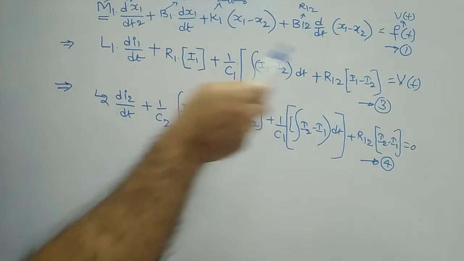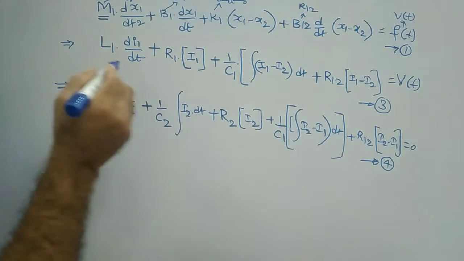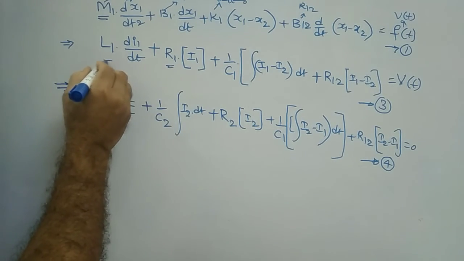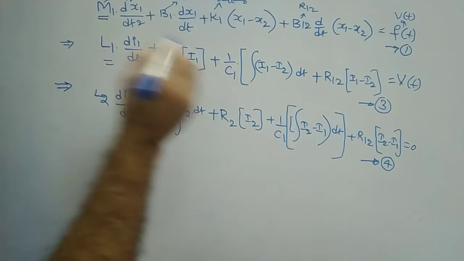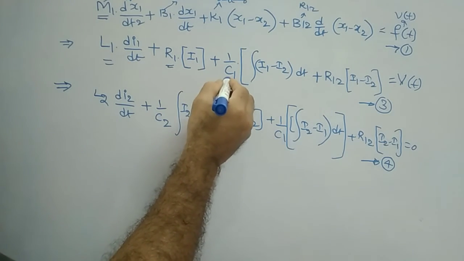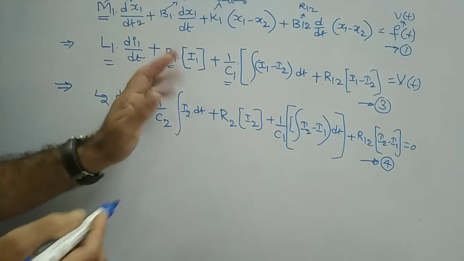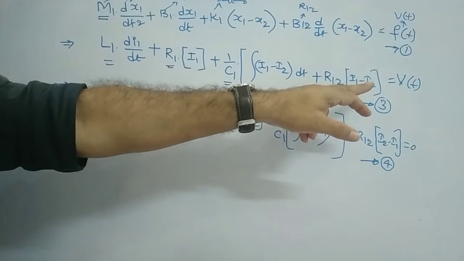Now, consider the third equation. Here, normally if you observe, what are the elements you have? R is there, resistance, L is there, C is there. If you observe I1 minus I2, two currents are there. Similarly for resistance, I1, I2.